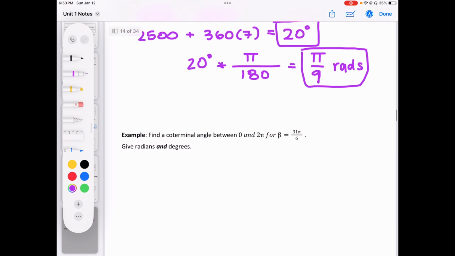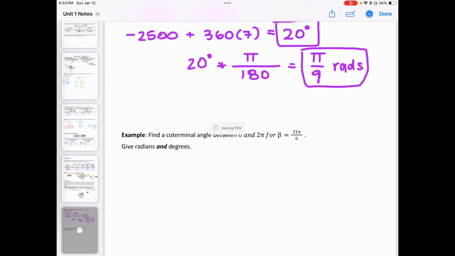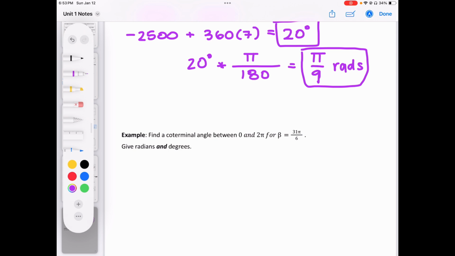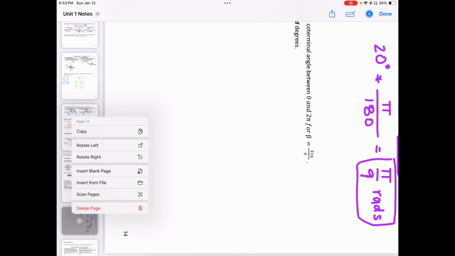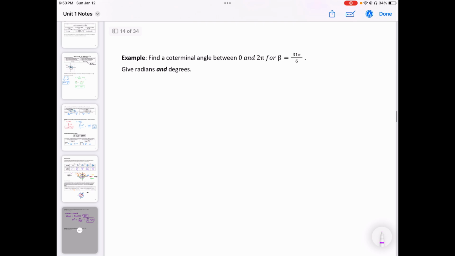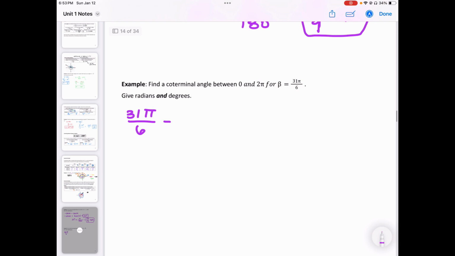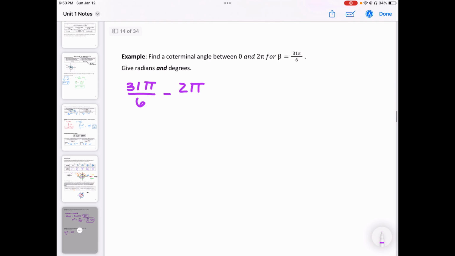Let's find a coterminal angle between 0 and 2 pi for beta. So now we are in radians. That means we're going to have to add or subtract 2 pi depending on if it's a positive or negative value. In this case, it is positive. So we have 31 pi over 6, and we want to subtract 2 pi. Okay. Now we need to get a common denominator.